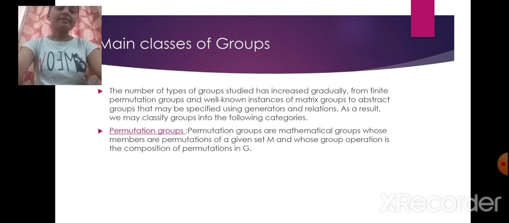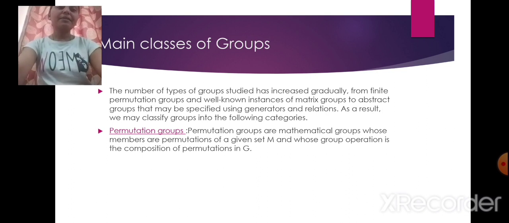As a result, we may classify groups in the following categories. Permutation groups. Permutation groups are mathematical groups whose members are permutations of a given set M and whose group operation is the composition of permutations in G.